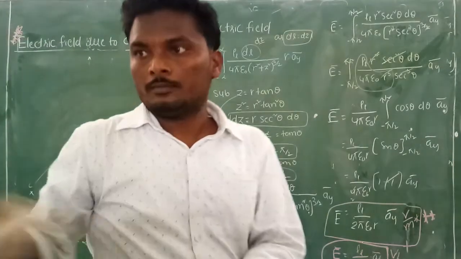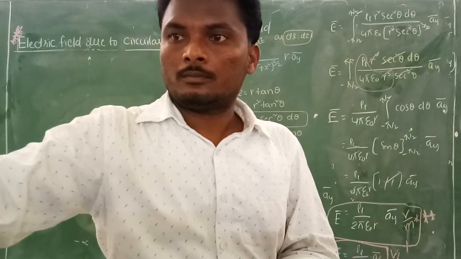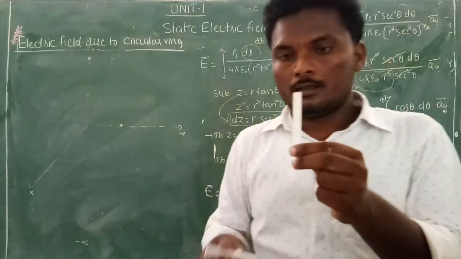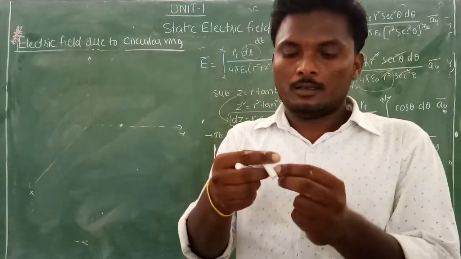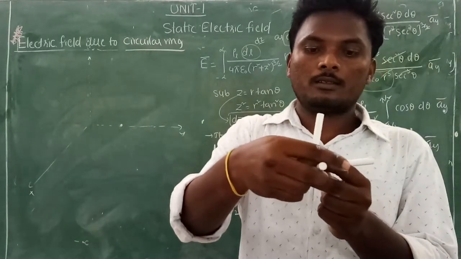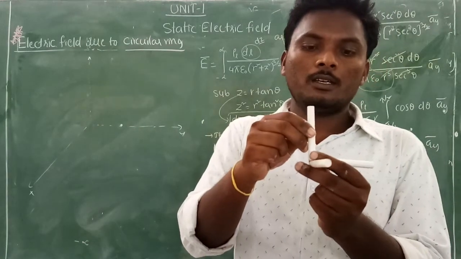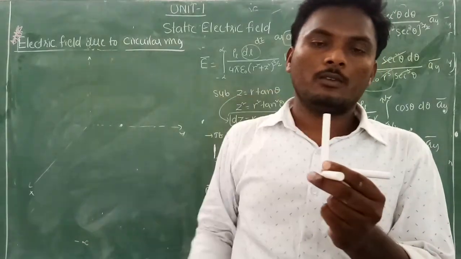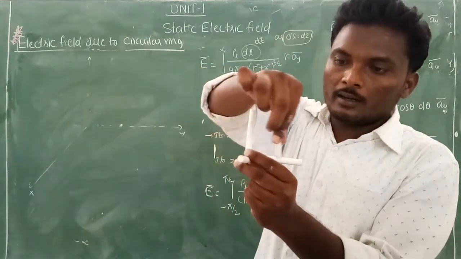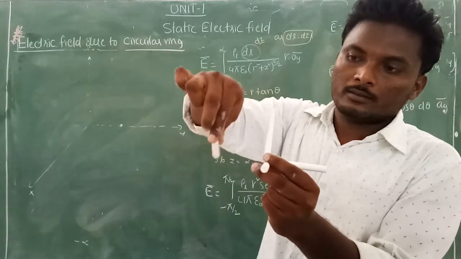See, we have the z axis and it is the y axis, and this is the x axis. Okay, so this is the xy plane. On this xy plane I am placing my circular ring like this.